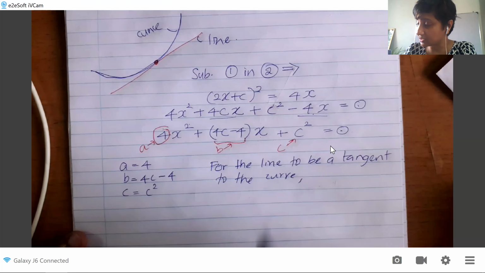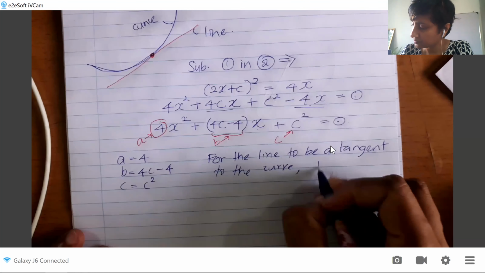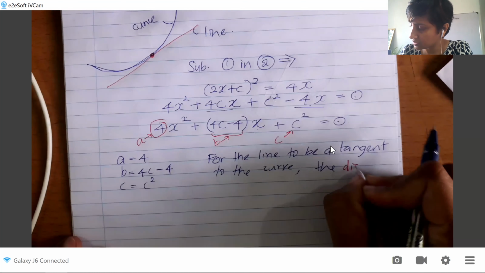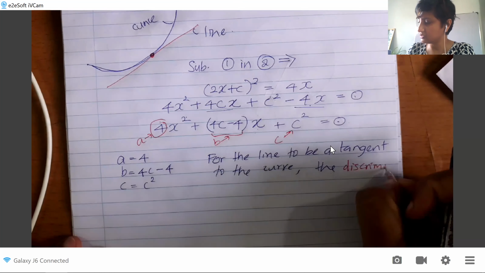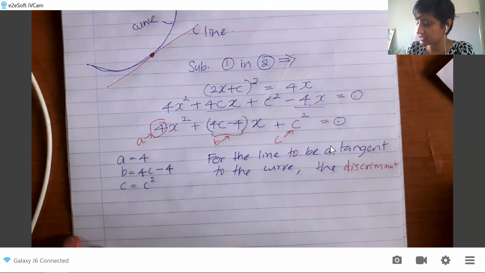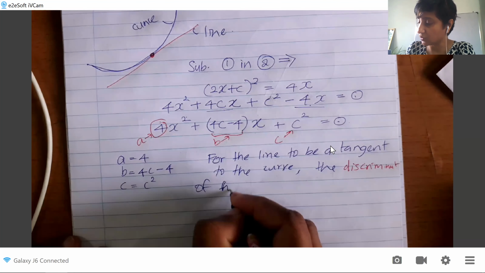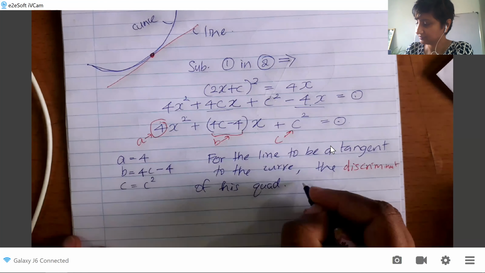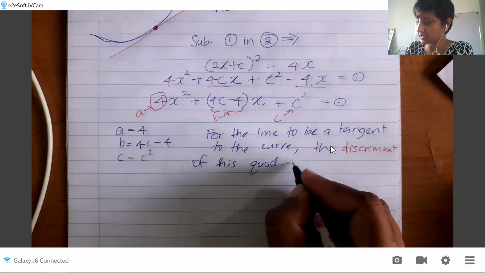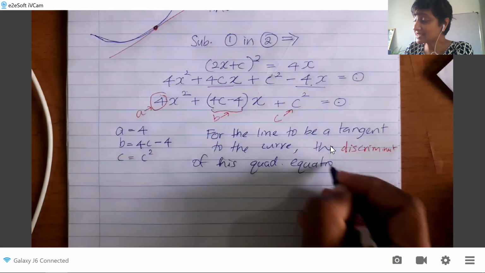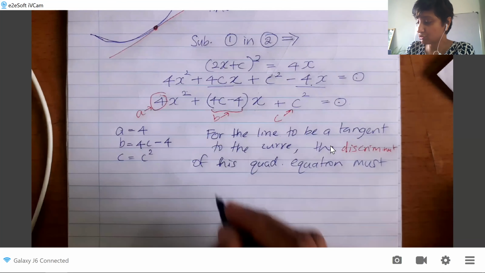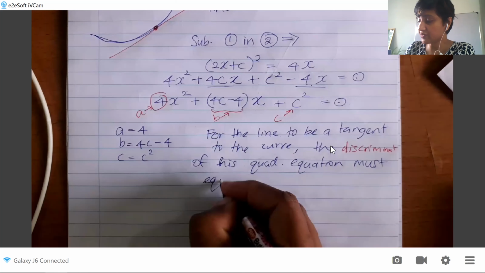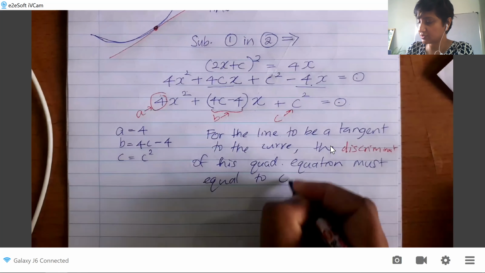The discriminant of this quadratic equation must equal 0.